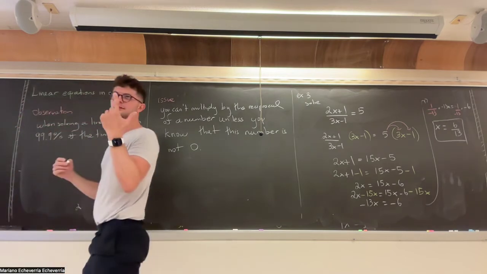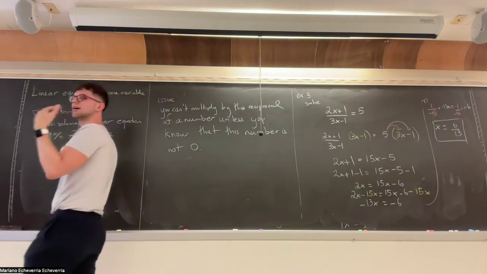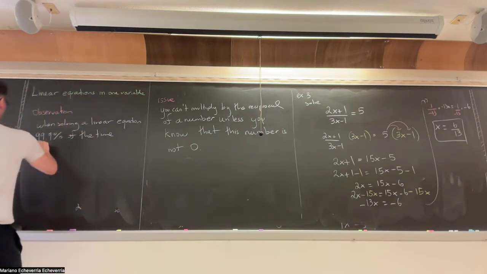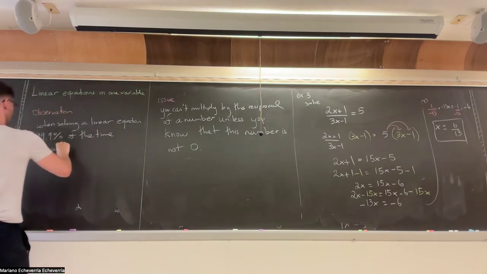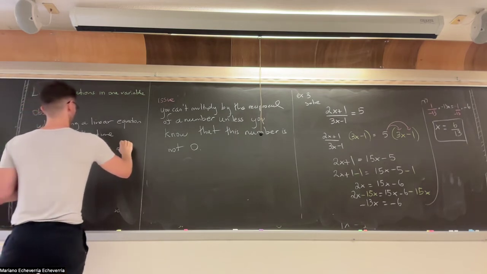You will find a single value of x that solves the equation. So the linear equation has what you would call a unique solution. You will find only one value of x that works.